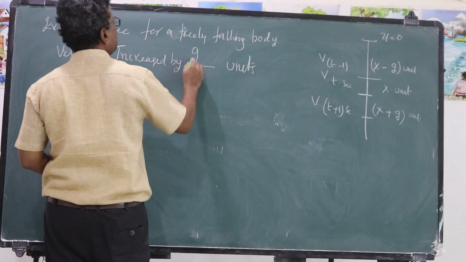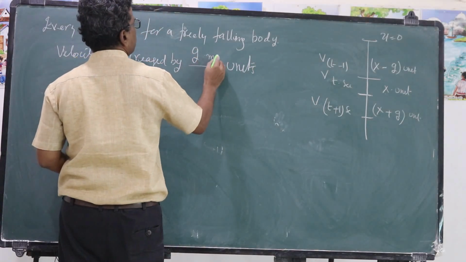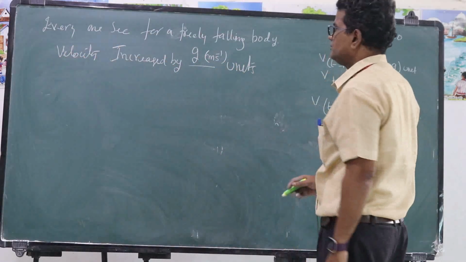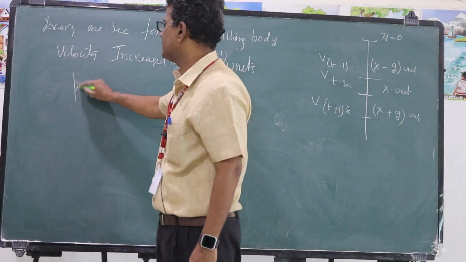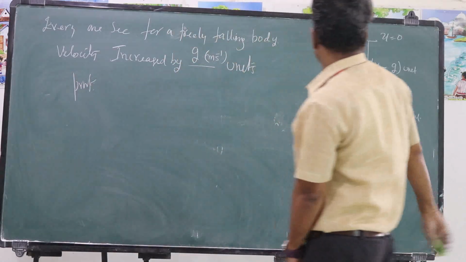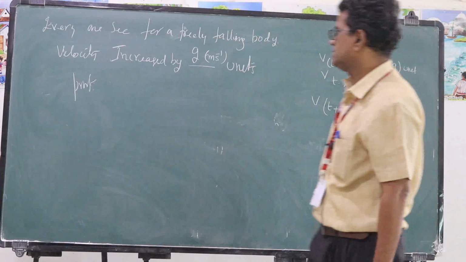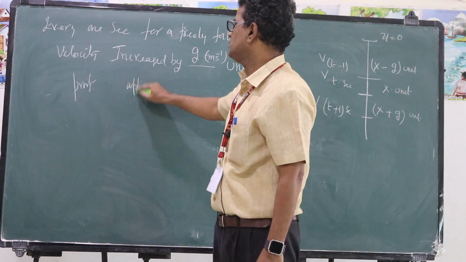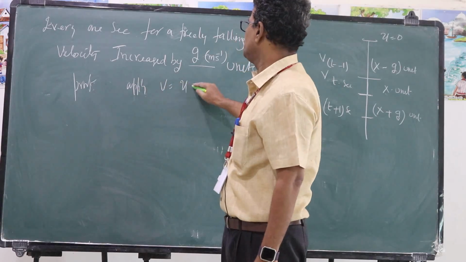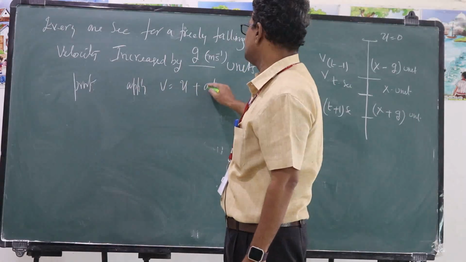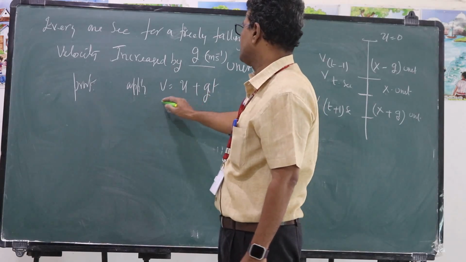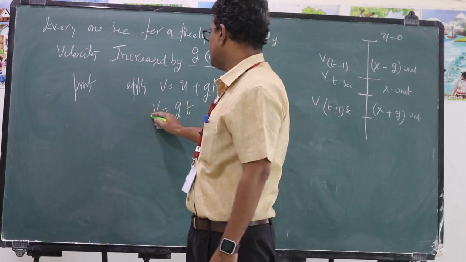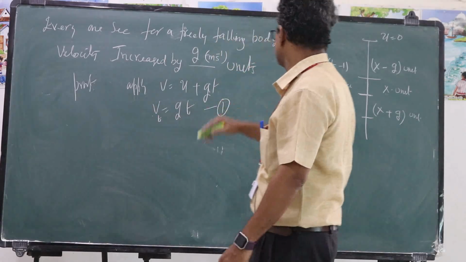Answer: g units. What is g? The unit is meter per second squared. How can we prove this? Proof: velocity at t seconds. Apply v is equal to u plus at, that is gt for a freely falling body. So v is equal to gt. This is the velocity at t seconds. Call it equation 1.